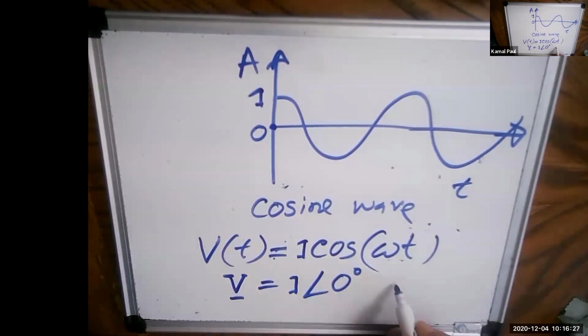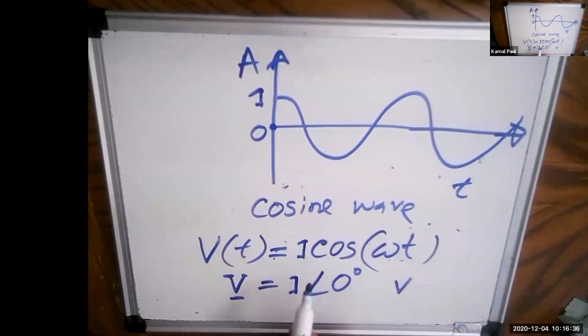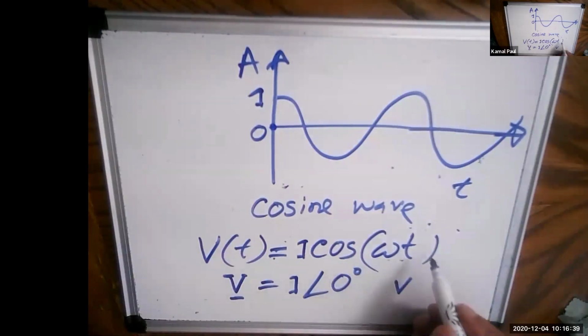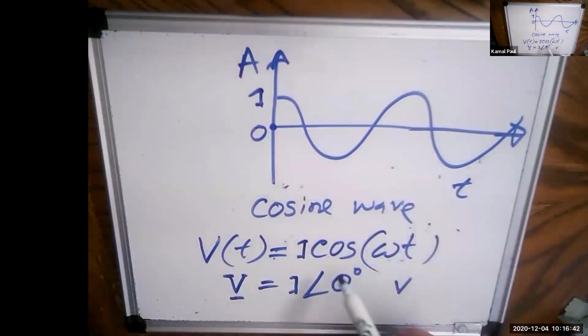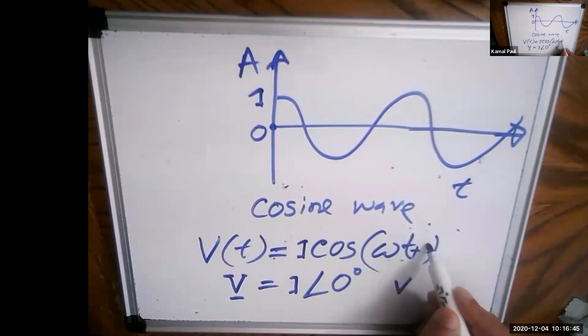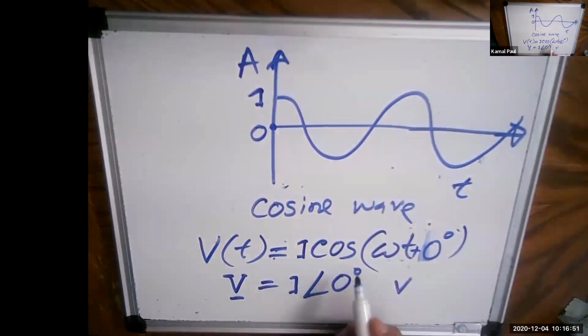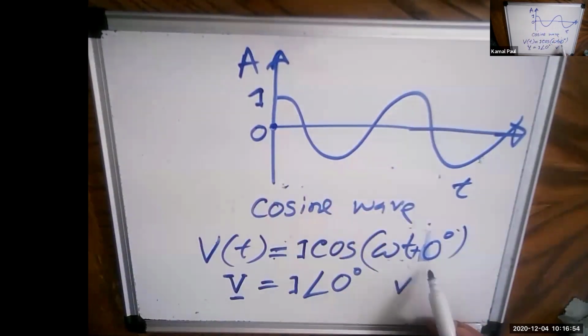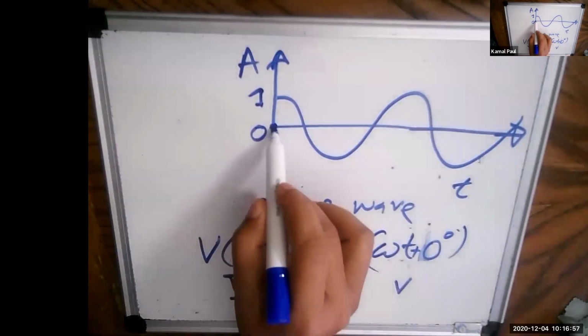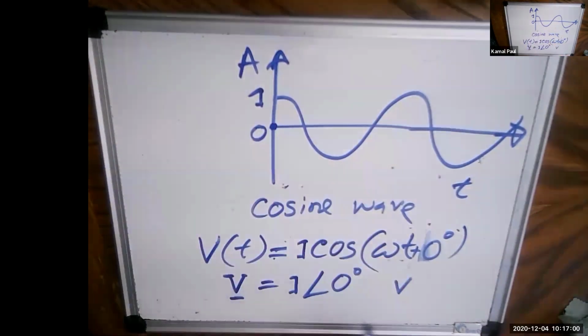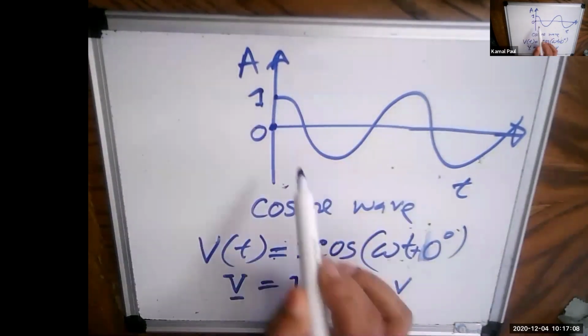This is because this starts at 0 and this is a time dependent wave, so we call it cosine of omega t, and we add a 0 here because at this point there is no phase shift, right? For the cosine wave at angle 0, we say the value is 1. That means no phase shift.